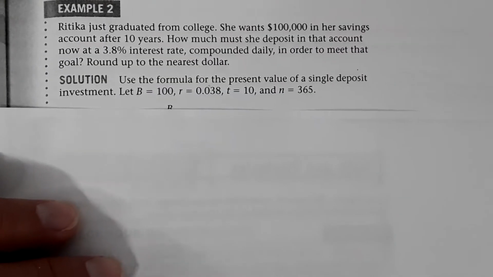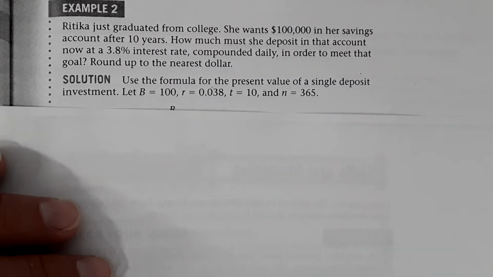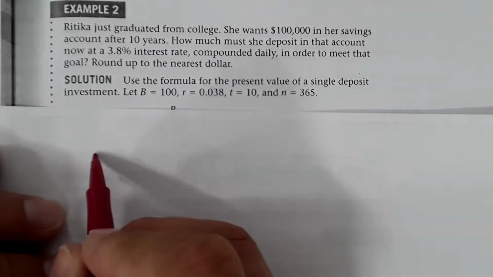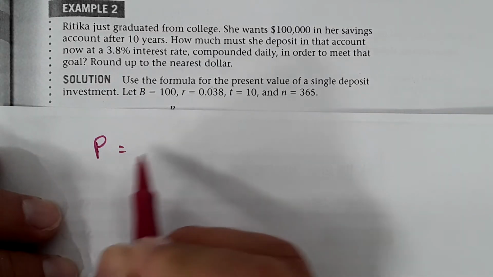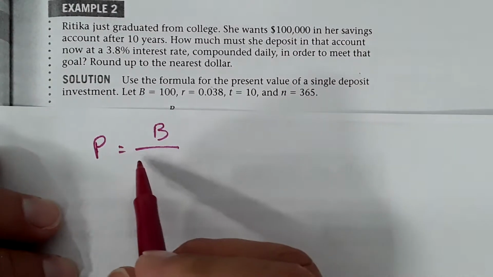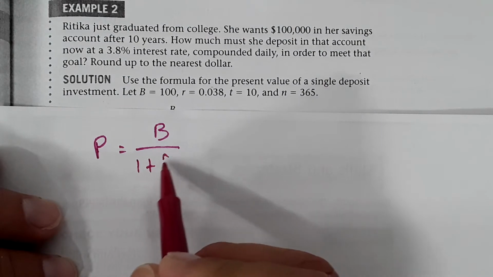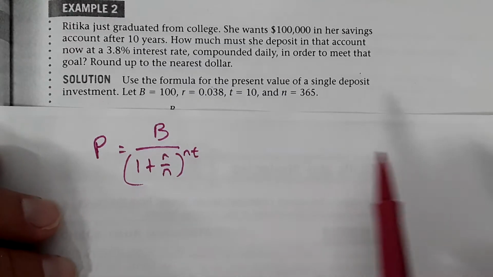Ritika just graduated from college. She wants $100,000 in her savings account after 10 years. How much must she deposit in the account now at 3.8% compounded daily in order to meet that goal? So remember the formula was what she needs to put in now is equal to her ending balance, what she wants it to be, divided by 1 plus R over N, all to the NT power.